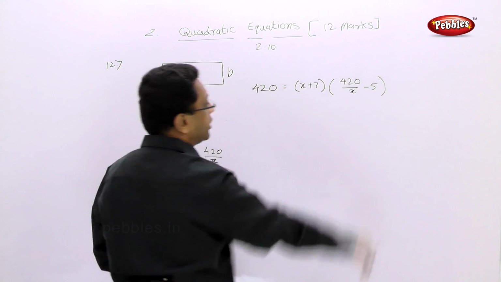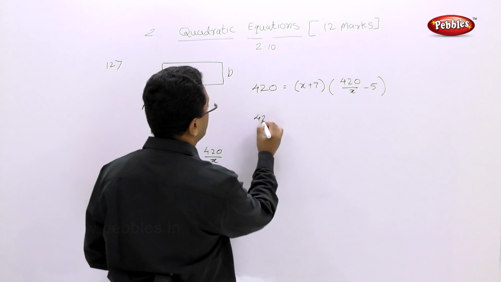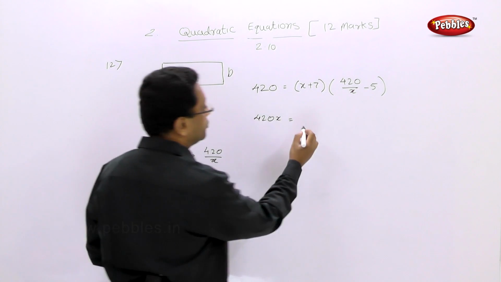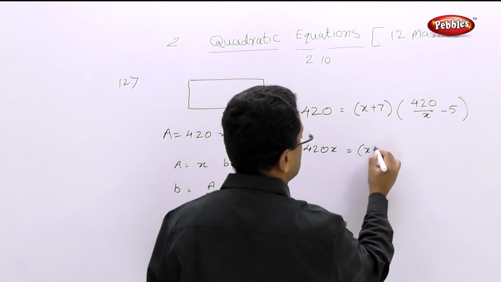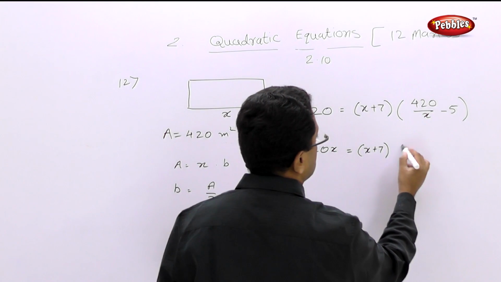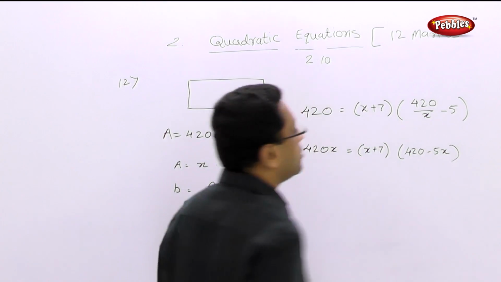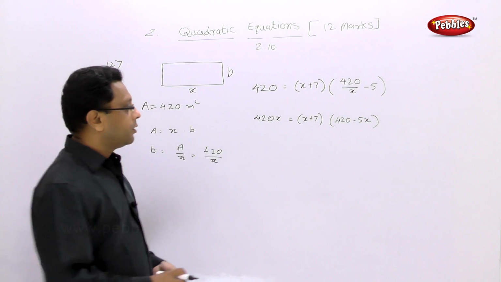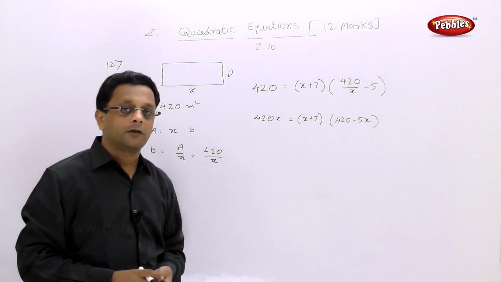So here we can multiply both the sides by x. So 420x is equal to, if you multiply this by x, okay, let's solve this and we'll get the final answer.